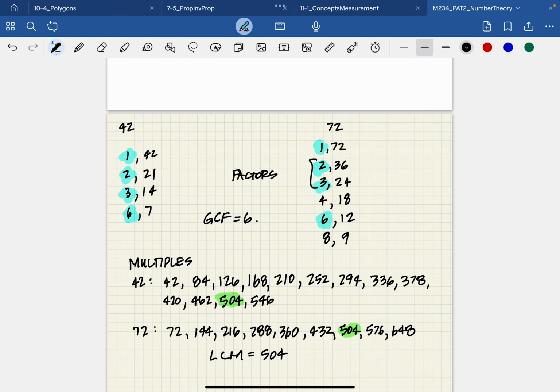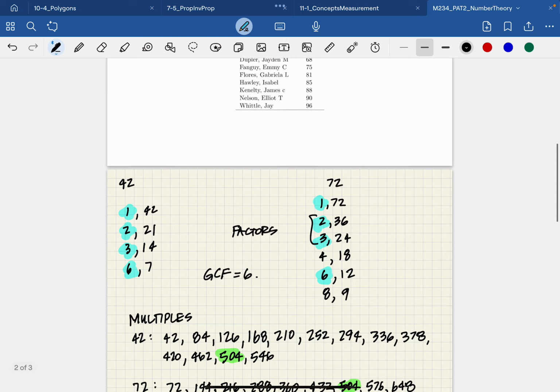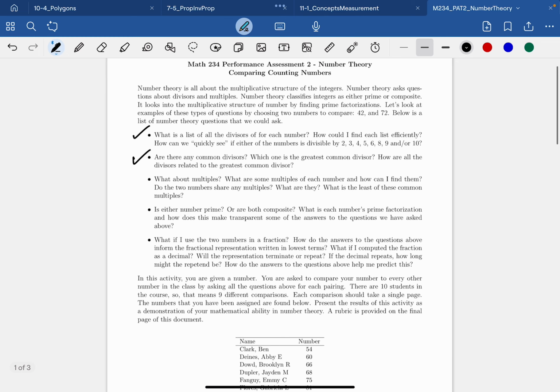All of the common divisors are related to the greatest common divisor of 6. What about multiples? We found some multiples. Do the two numbers share any? Yeah, they do. We found one. Maybe we would find a couple more. And we definitely have found the least one. Is either number prime or are both composite? And what is each number's prime factorization?